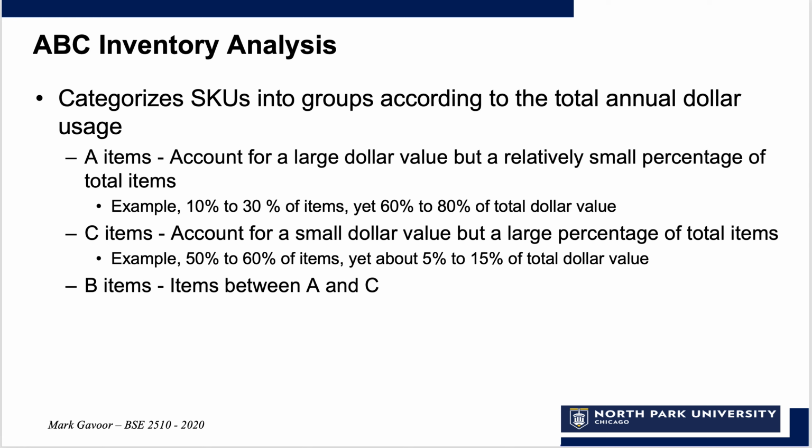The other thing that we don't include is slow and obsolete. SL for slow, OB for obsolete, slob. Those items aren't usually classified A, B, or C. Mostly the slow items will be C items, but that inventory becomes its own classification you want to look at, and you probably look at them separately.